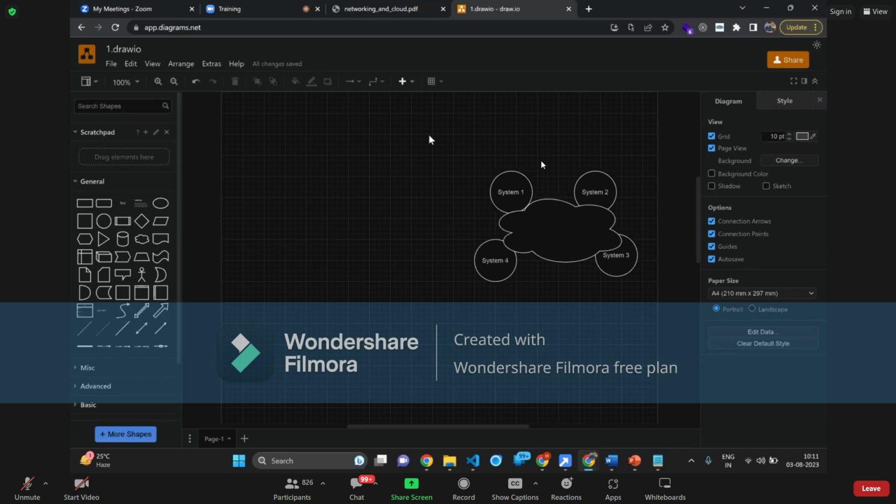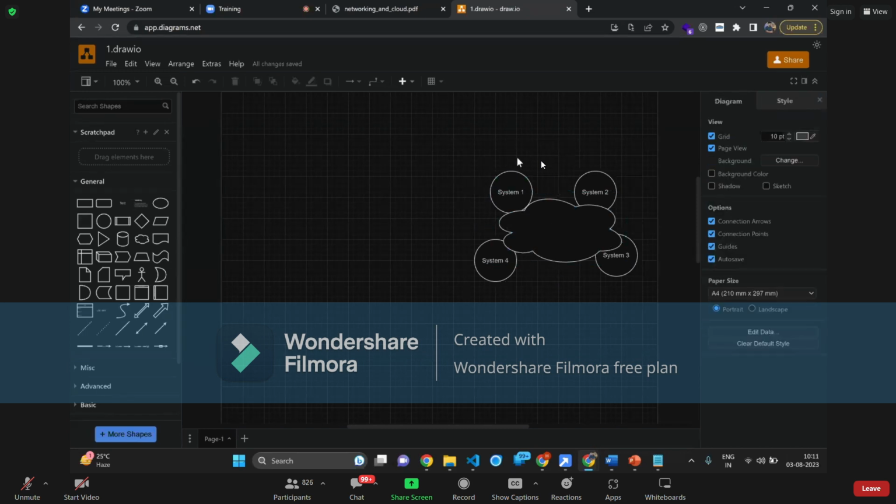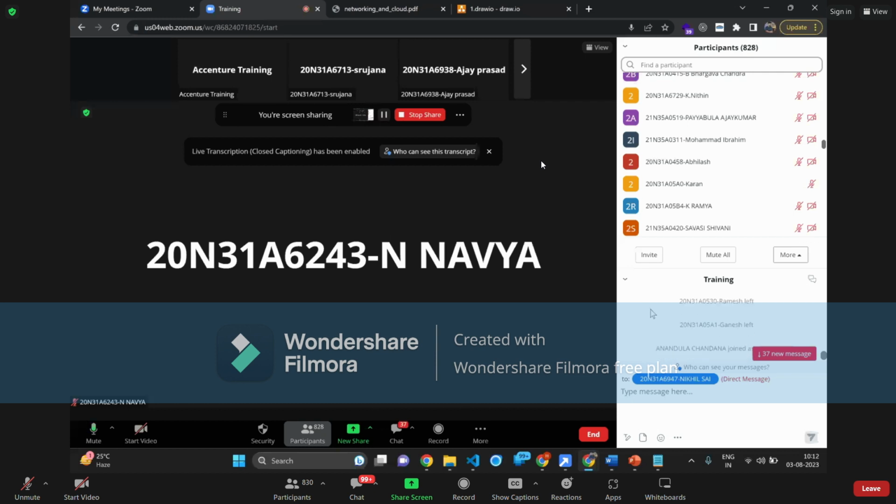I'm just clearing out certain jargon for you so that while discussing different concepts, you don't tend to get confused. Now you know what a node is, you know what a network is, and also that a group of nodes together can be called a domain. Say for example, system 1 and system 2 over a network together can be called a domain, or system 1, system 2, system 3, system 4 together can also be called a domain. Any questions we've got?